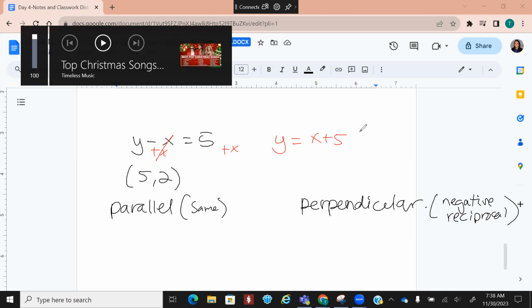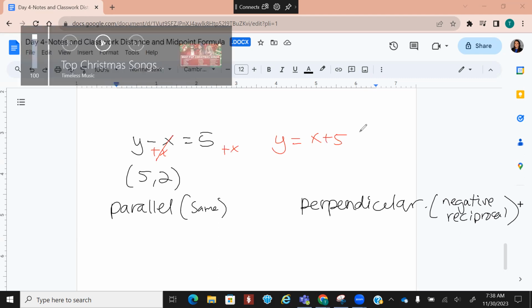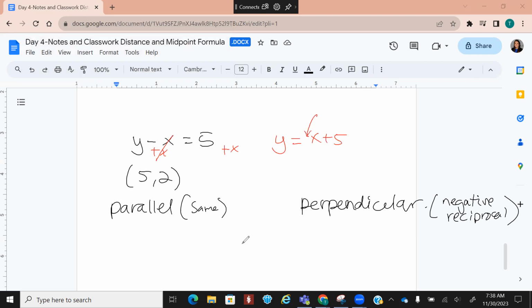Okay. What is the slope of this line so far? What is the slope of the line? What's the number in front of x? 1. Okay, so the slope is 1. If I want it to be parallel, then I'm going to use a slope of 1.